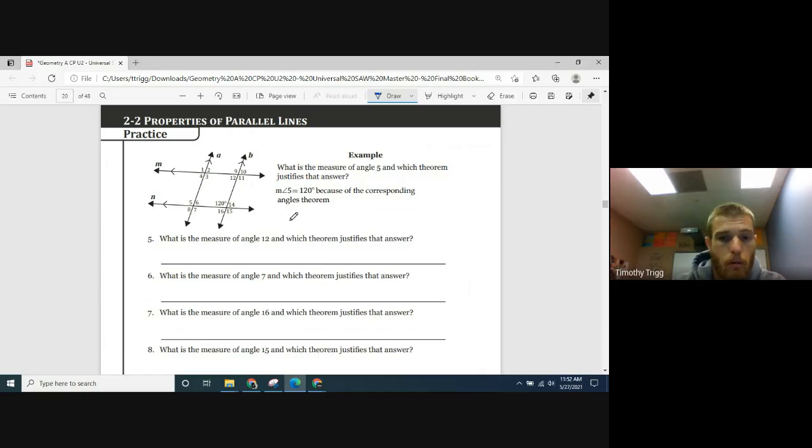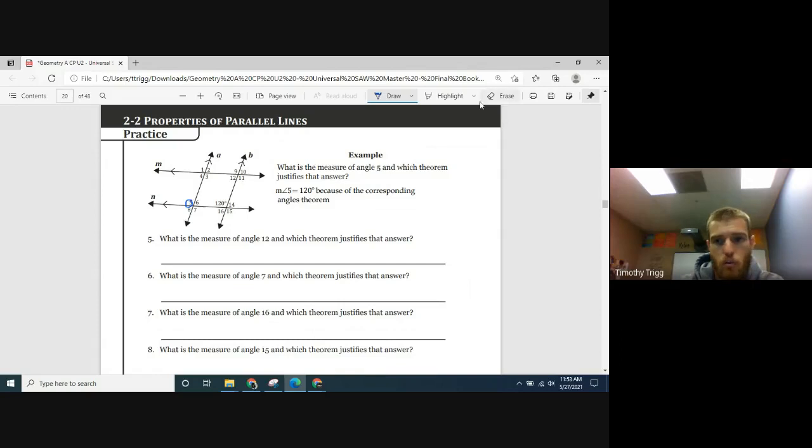Okay. Well, here they give you one measure. They give you this measure right here, 120 degrees. Nothing else in this picture is a measurement, right? These are just angle names. Like this one's named angle 1, angle 2, angle 3, angle 4, so on. But this one has a degrees on it. So this one's a measurement. So this one's saying that this angle right here measures 120 degrees. Okay. So based on that, if this is 120 degrees, what would be the measure of angle 5?